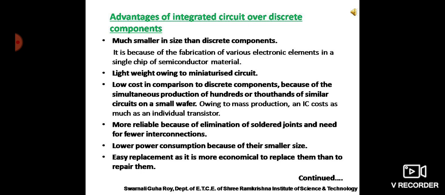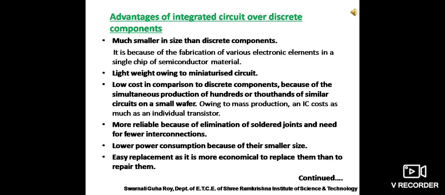Here in this slide you can see that the first point is that the IC is much smaller in size than discrete components, as the integrated circuits consist of various types of electronic components on a single chip of semiconductor.